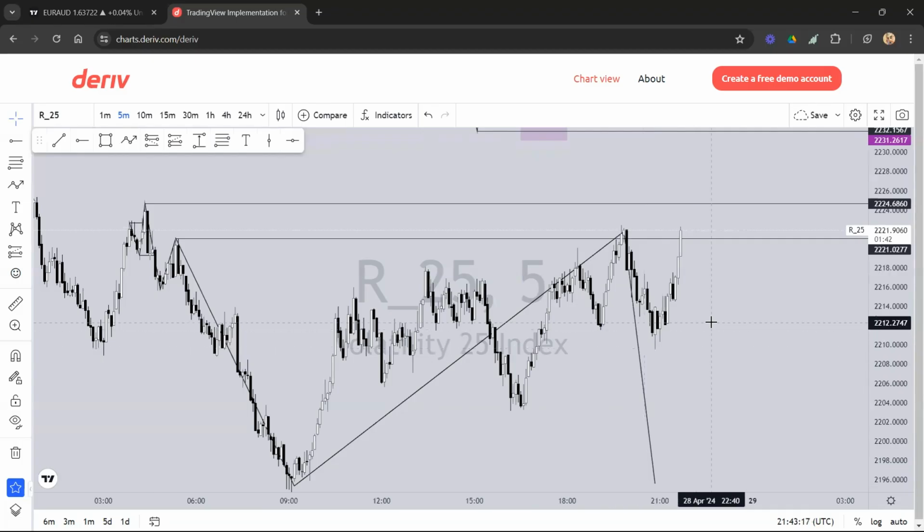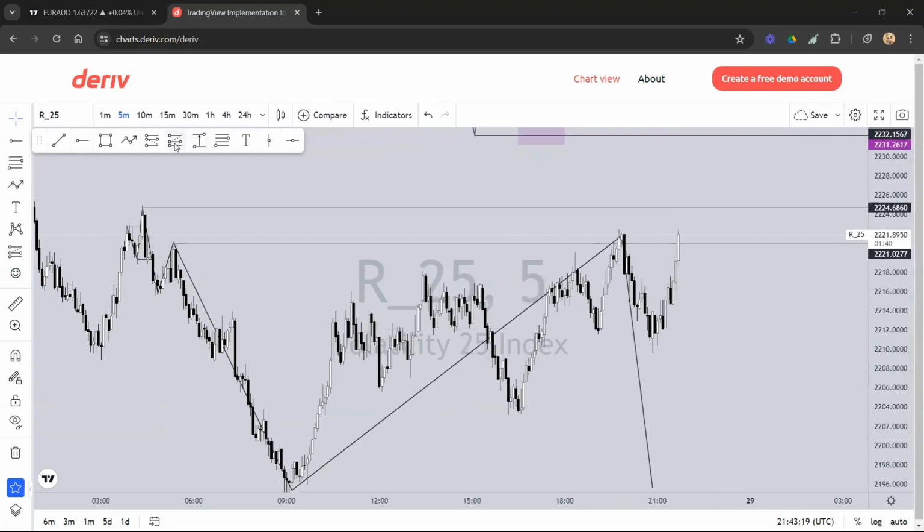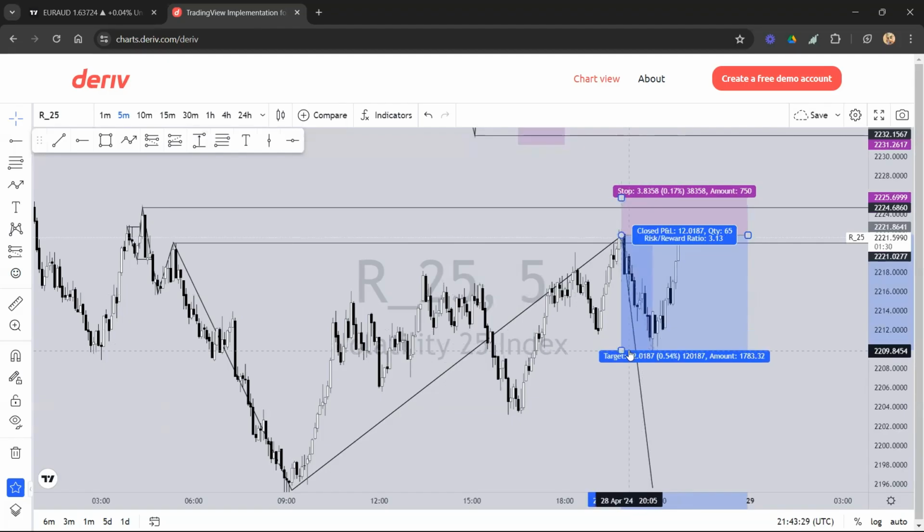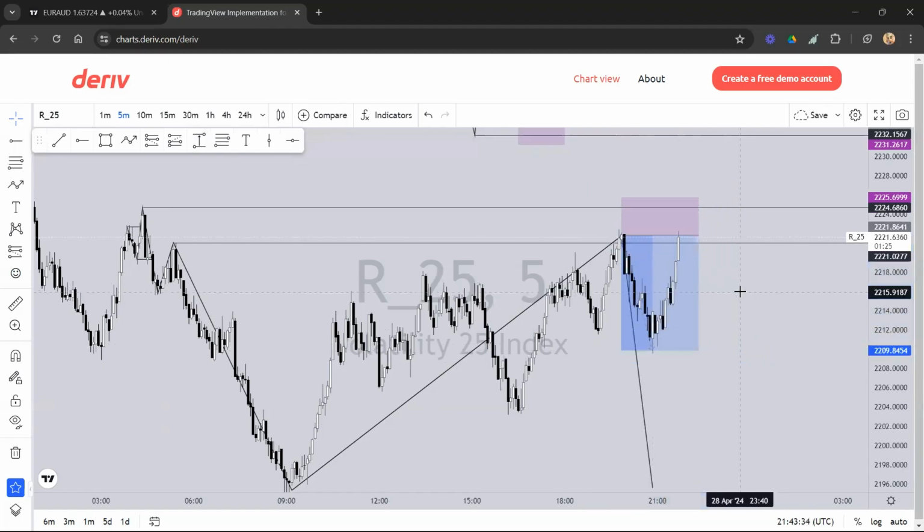The profits on the lowest lot side should be nothing less than $5. So let's say I stacked like five positions here. This is a 1:3 risk reward ratio. So 5 times 3, that is 15.